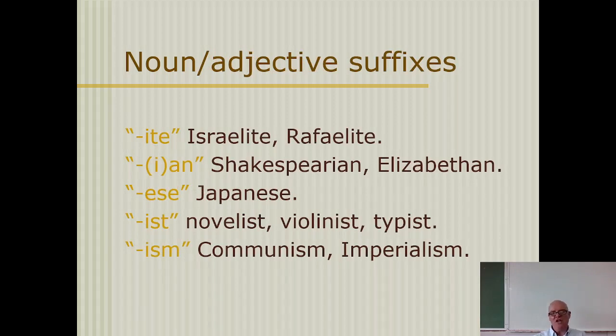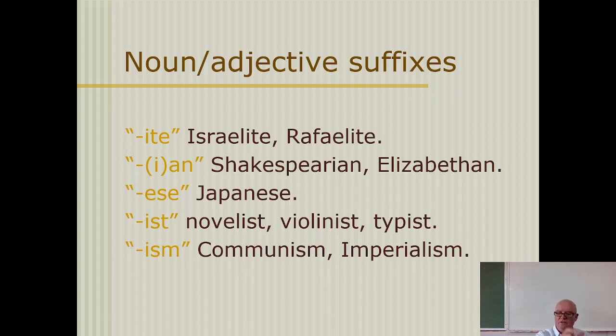Noun, adjective, suffixes. Ite, Israelite, Raphaelite. Shakespearean, Elizabethan, Japanese, novelist, violinist, typist, and then ism, I-S-M, communism, socialism, imperialism, right?